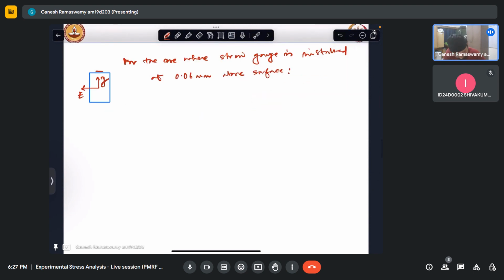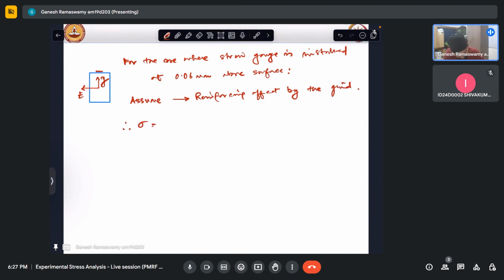So for this case, what would the stress be? Now we assume that there is no reinforcing effect by the wire, by the strain gauge.